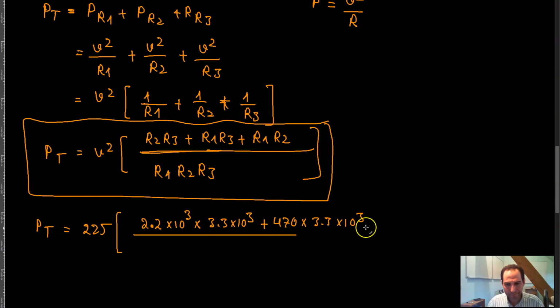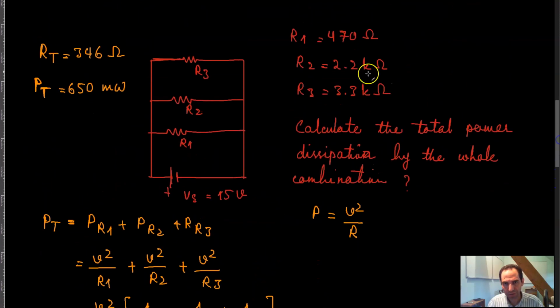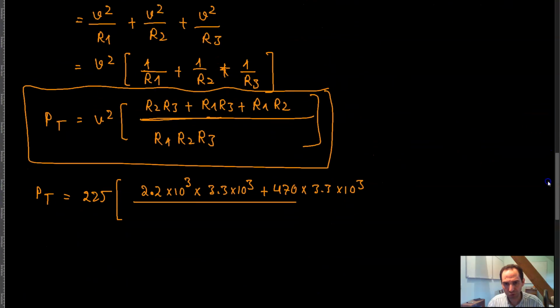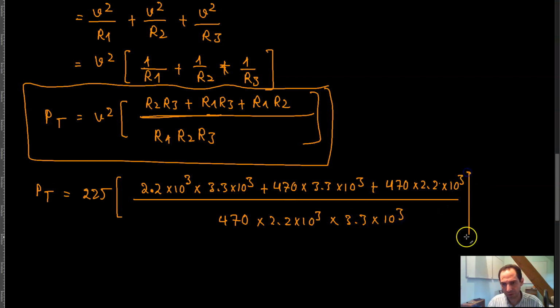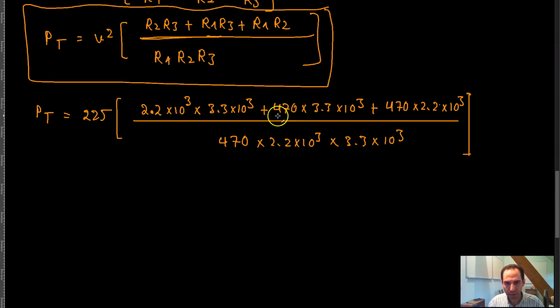and then R1, R2 is the same thing, basically 470 and 2.2, so 470 times 2.2 into 10 raised to the power 3, divided by 470 times 2.2 into 10 raised to the power 3 into 3.3 into 10 raised to the power 3, all in ohms, right? And then you can write this as, take a 10 raised to the power 3 out from the numerator here.